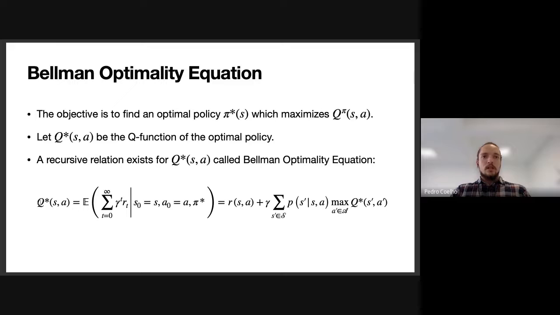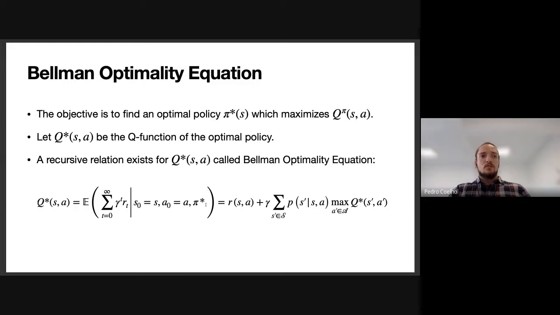So basically, by definition, Q of S, A would be the expected value of the goal conditioned on the state, the first action, and the policy. If we want Q star, the optimal Q function, then we put here the pi star, the optimal policy.